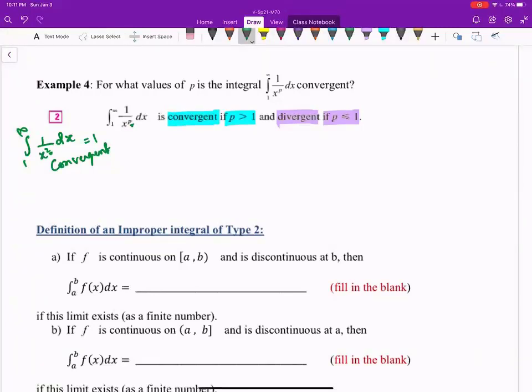The integral from 1 through infinity of 1 over x to the p is convergent whenever p is more than 1 and it's divergent whenever p is less than or equal to 1. We know that the integral of 1 over x dx from 1 through infinity turned out to be infinity, which is divergent. So here p equals 1, right? The p value is equal to 1.